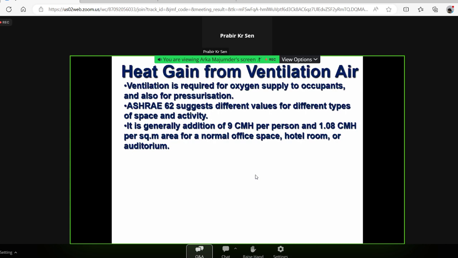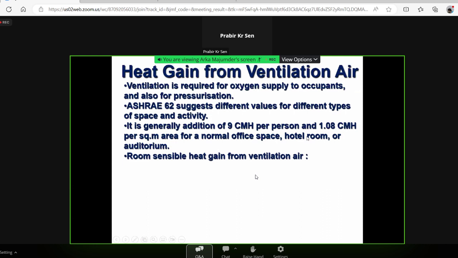So you first know how many people are in the room, say 10 people, so 90 cmh, plus say 200 square meters, so 200 into 1.08, that is 216.